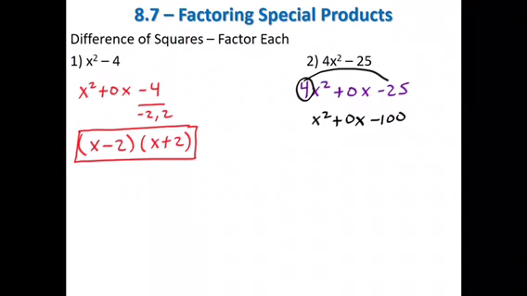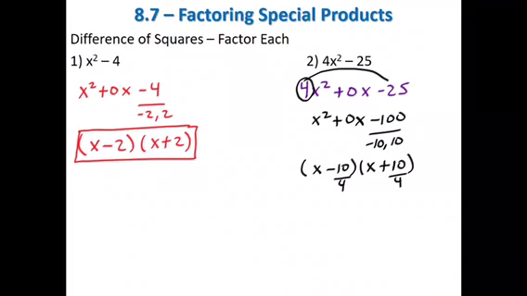We're looking for the factors of 100 that add up to be 0. Well, I know from previous examples that this is negative 10 and 10. So I create the factored form of x minus 10 times x plus 10. But now I need to divide by the leading coefficient, which was 4. So I divide both of these by 4. In both cases, 4 does not go in evenly to the number or the factor, so we have to reduce the fraction.